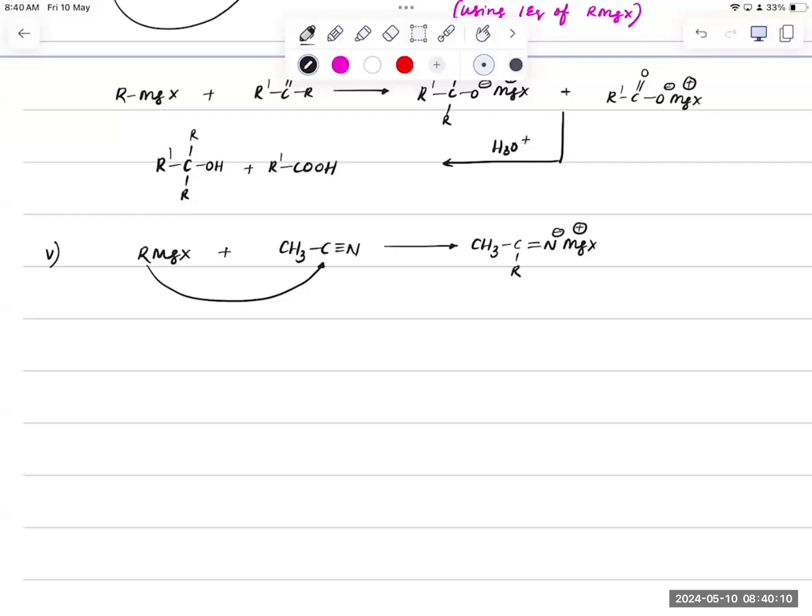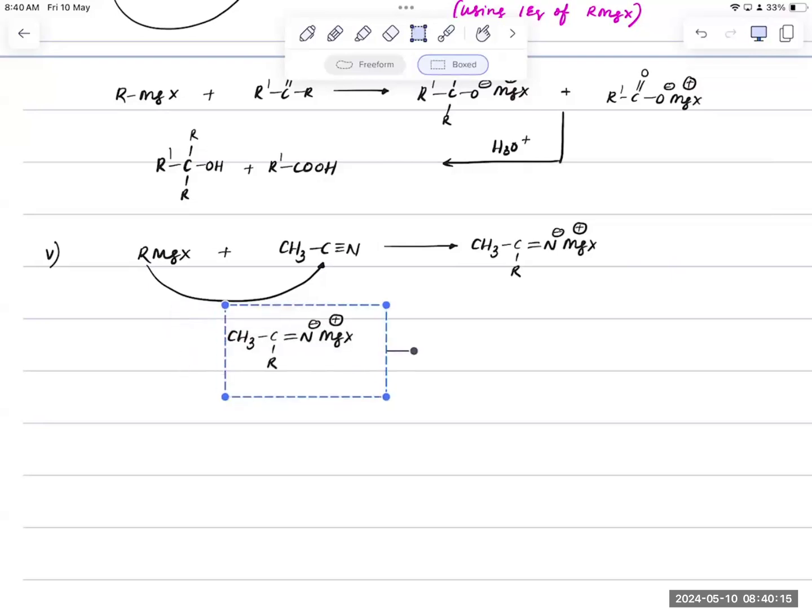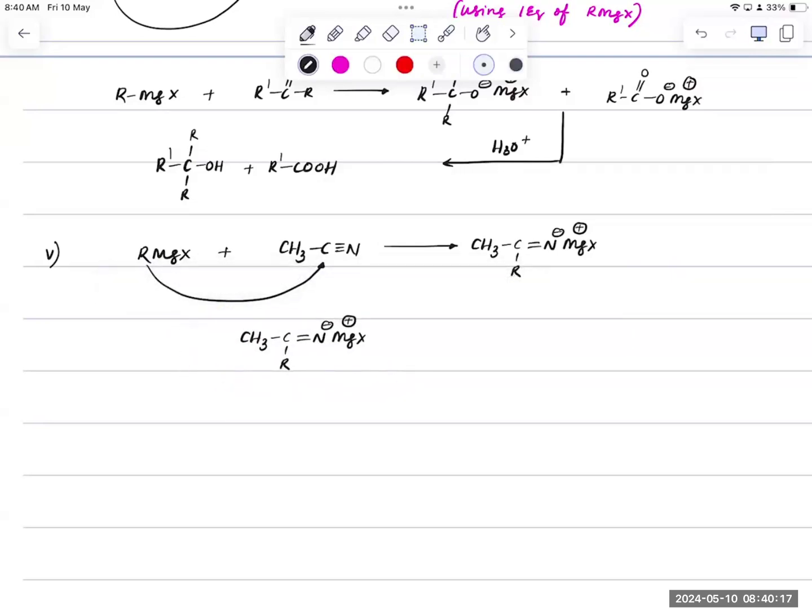And now the problem here is it is after one equivalent, correct? Even if you want to do it with a second equivalent of RMgX, the attack is not possible because there is already a negative charge present here. That negative charge will not let anything push here.